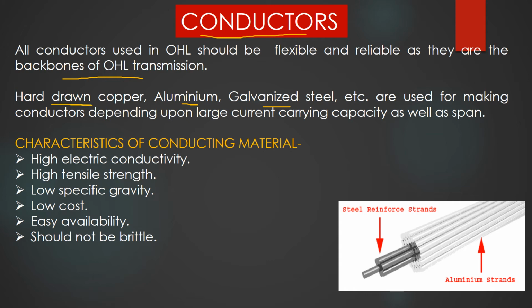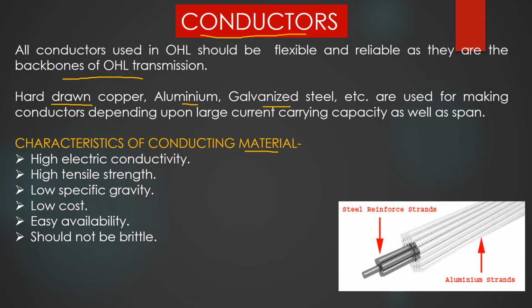Now, what type of conductor will be preferred for a transmission will depend upon its large current carrying capacity as well as the span which will be kept between the 2 transmission towers. Now, there are some characteristics of conducting material which should be possessed by the conductor.